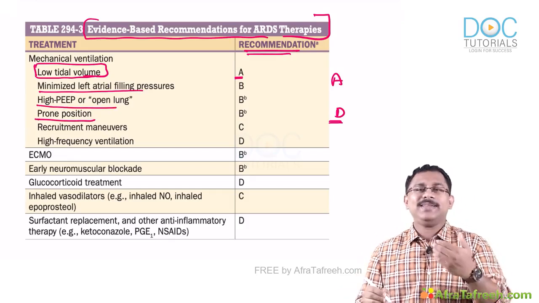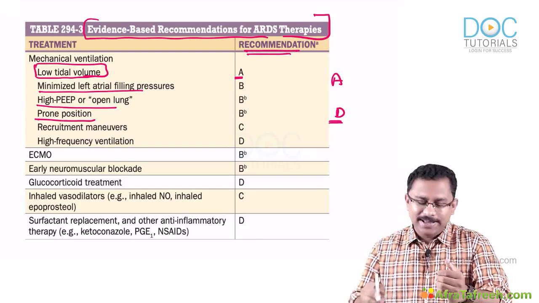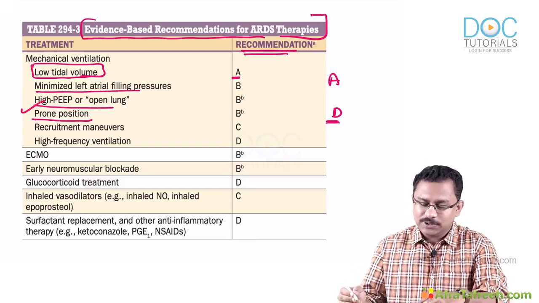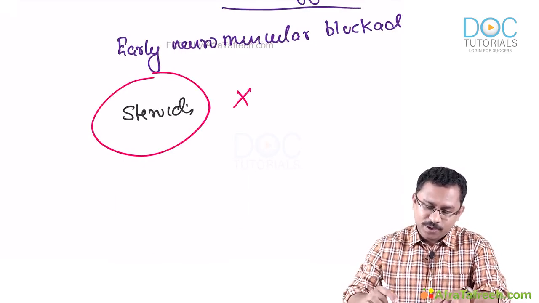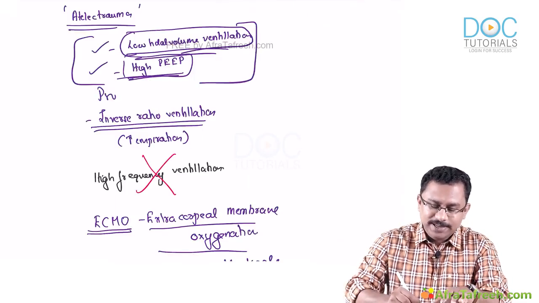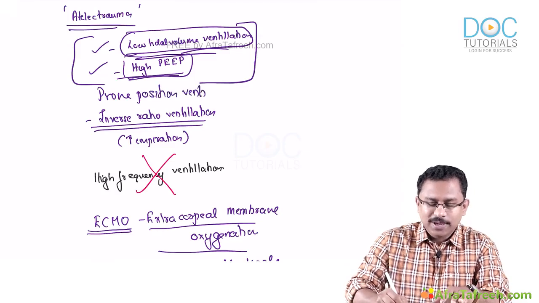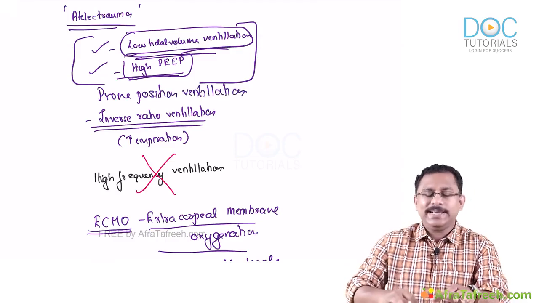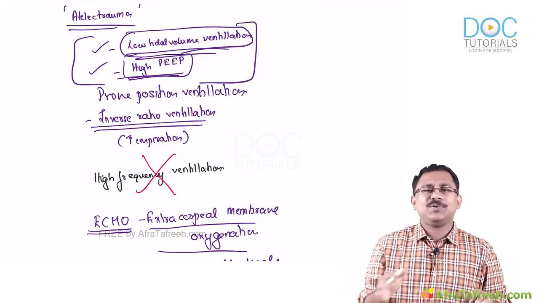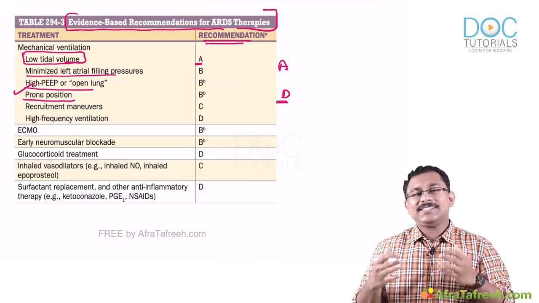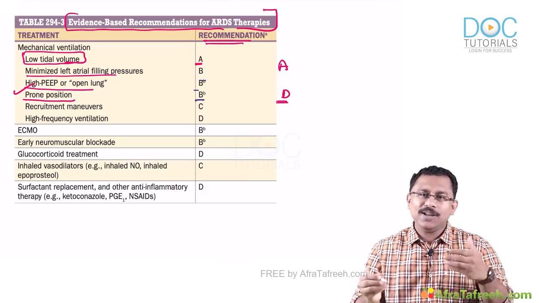And another point that you should learn along with these strategies is that in ARDS you can go for something that is known as prone position ventilation. If there is adequate expertise in performing prone position ventilation, that again has been shown to have a level B evidence, which is in fact relatively good evidence.